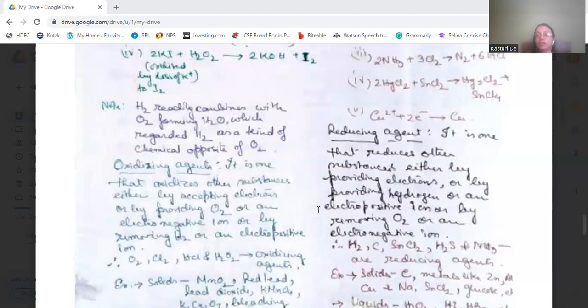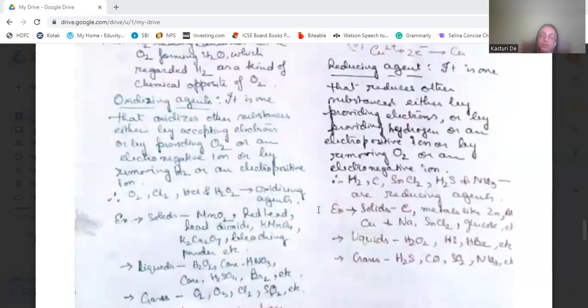Oxygen, chlorine, hydrochloric acid, hydrogen peroxide, these all are oxidizing agents. Either they are adding oxygen to the substance, or removing hydrogen from the compound, or adding an electronegative ion, or removing an electropositive ion. So these all are oxidizing agents.